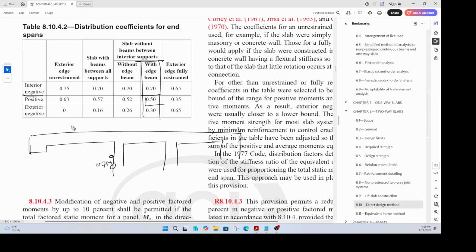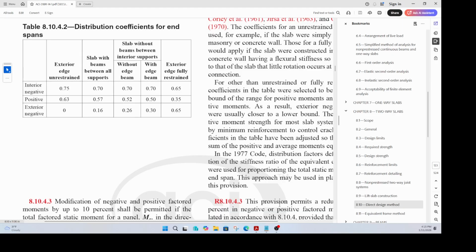This one positive happens mid-span, somewhere close to mid-span, maybe like there. And this one exterior negative, 0.3. So 0.3, that's your bending moment diagram. That's how you distribute your M naught. You take your M naught and distribute it like this: 0.5 M naught, 0.3 M naught. Okay.